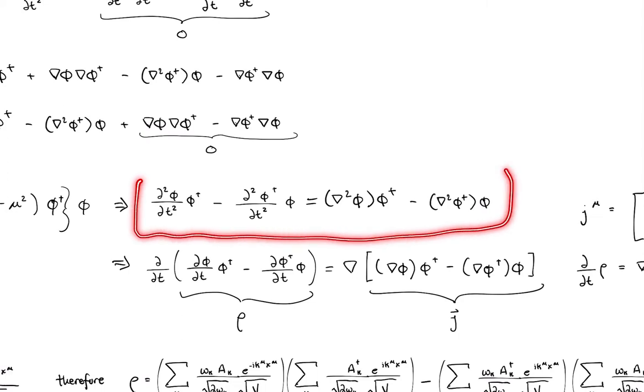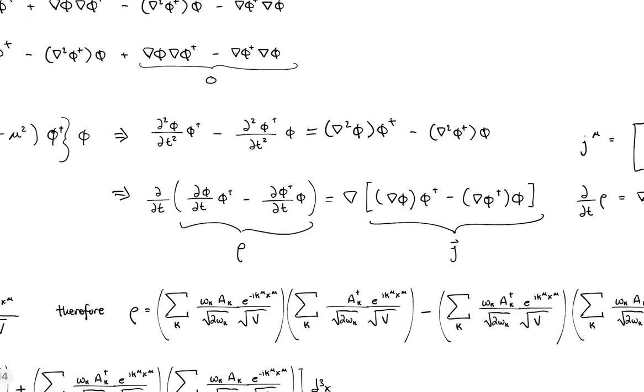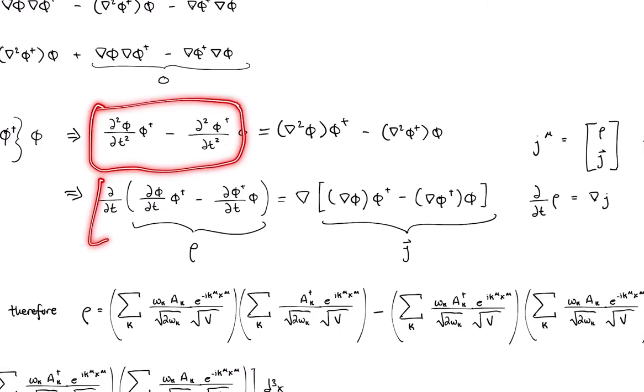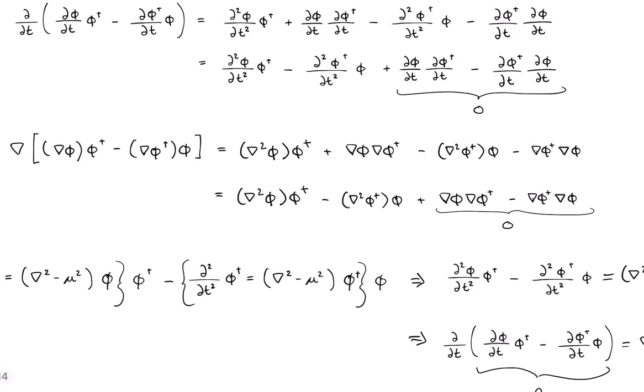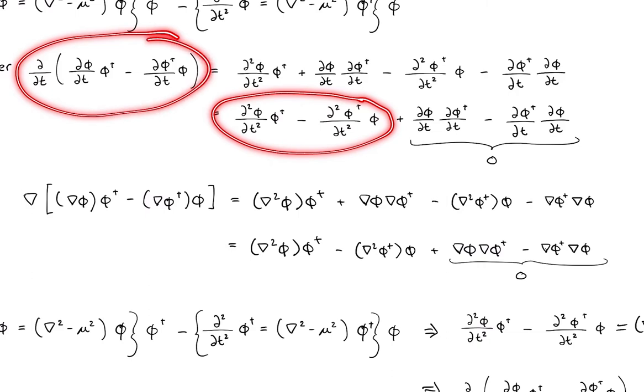So we're left with this, and now let's go down to here. So this right here, we said was this, from up here. This is equal to this, right?